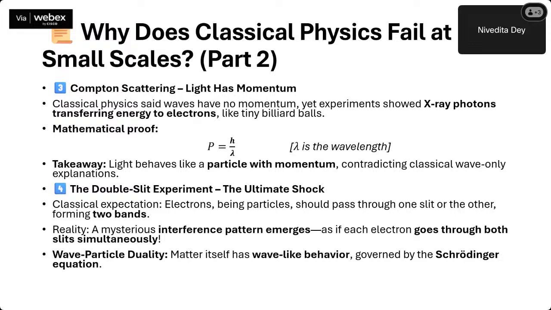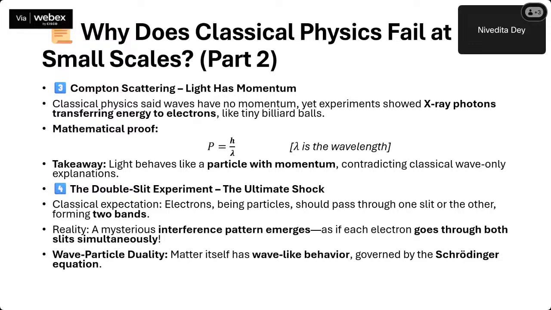And the fourth one is the double slit experiment, which shows wave-like behavior governed by the Schrodinger equation, where you see a certain kind of interference. Electrons being particles should pass through one slit or the other, forming two bands. That is, they will not converge exactly at a certain point on the projecting plane, but will also create a band kind of pattern.